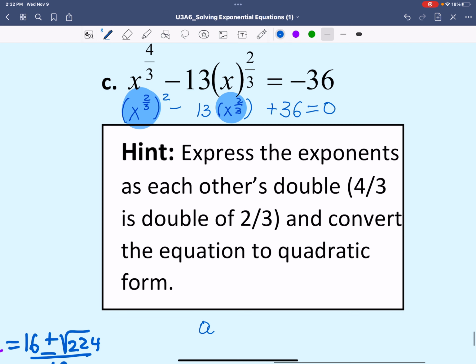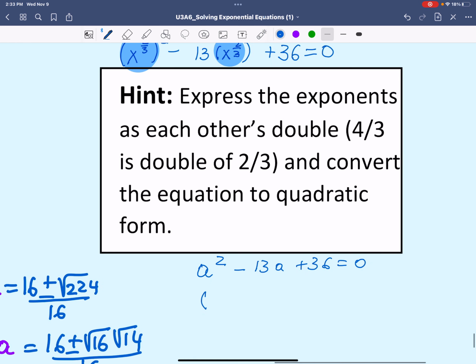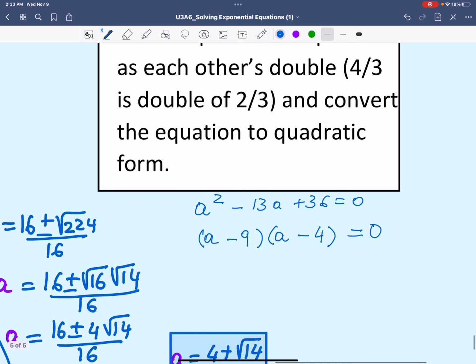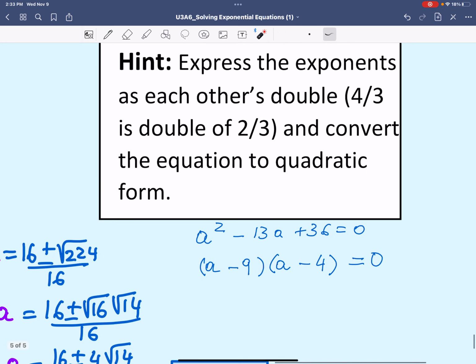And this would be in the form a squared minus 13a plus 36 equals 0. So factor: two numbers that multiply to positive 36 and add to negative 13 will be negative 9 and negative 4.